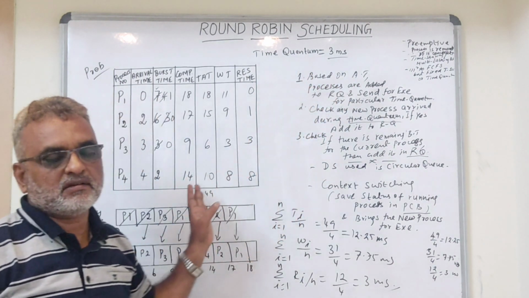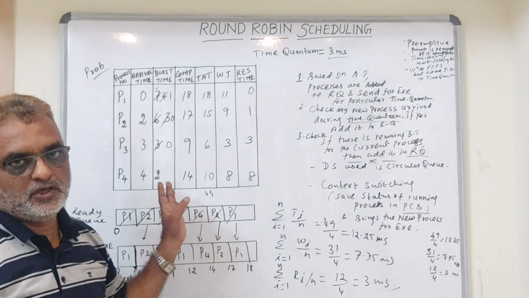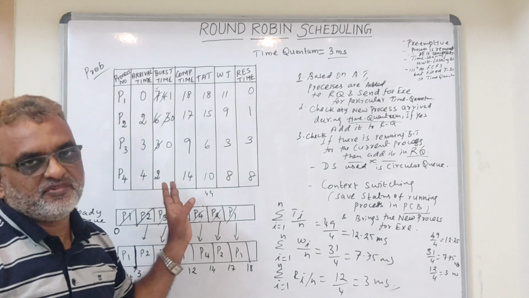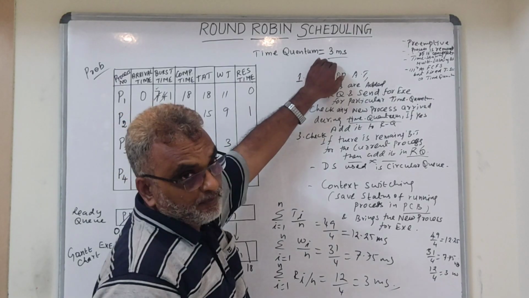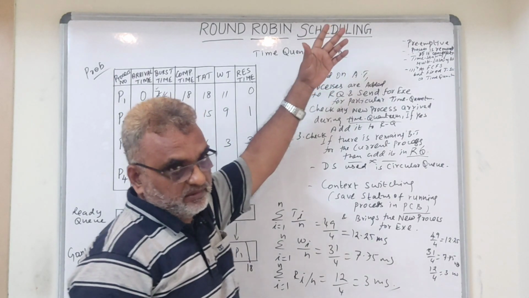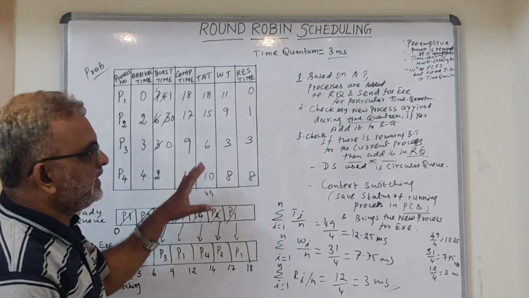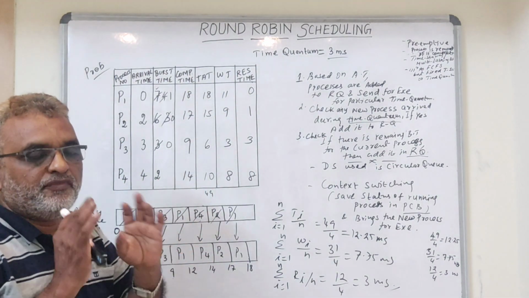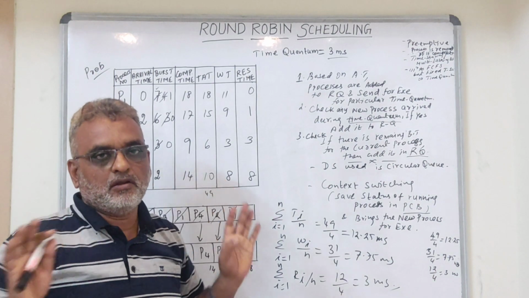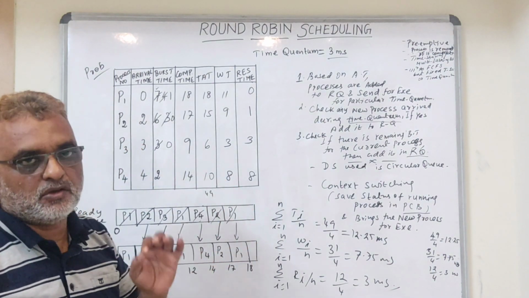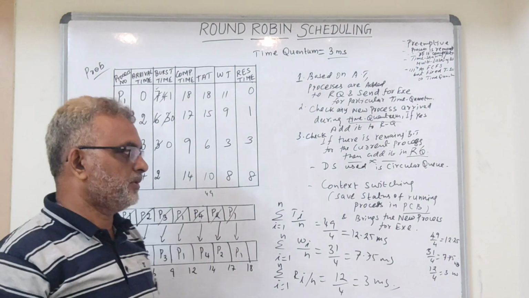It will act like the first come first serve algorithm. If the time quantum value is greater than the burst time, it simply acts like first come first serve. That is one important point you have to remember.